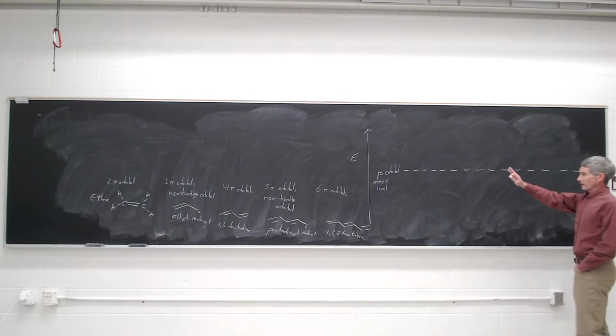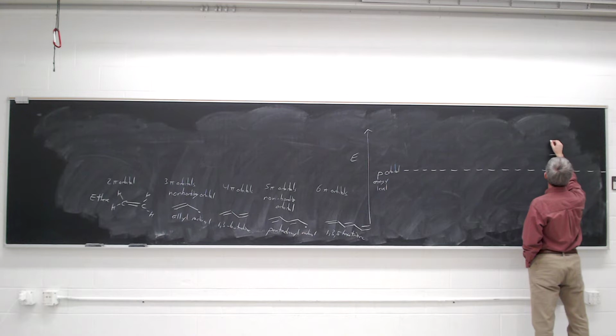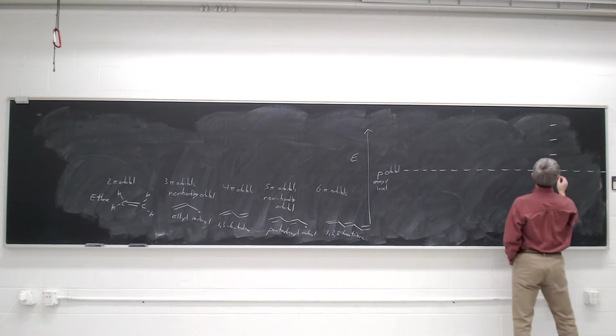And we know that the 6 pi orbital system had approximately equally spaced orbitals.